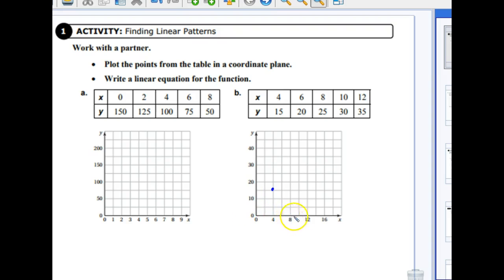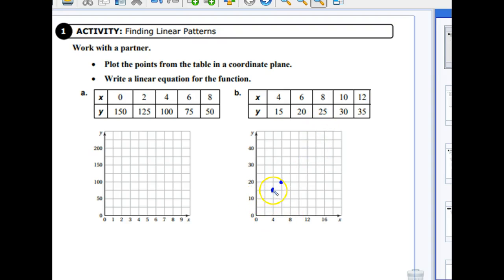Looks like those bottom lines, my x's go by 2, so make sure you're paying attention. 2, 4, 6. Your y's go by 10, or 5, 5, 10.